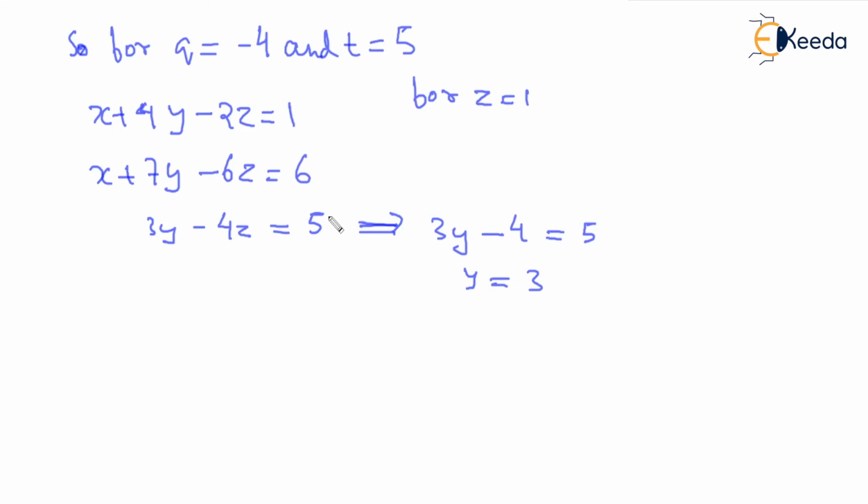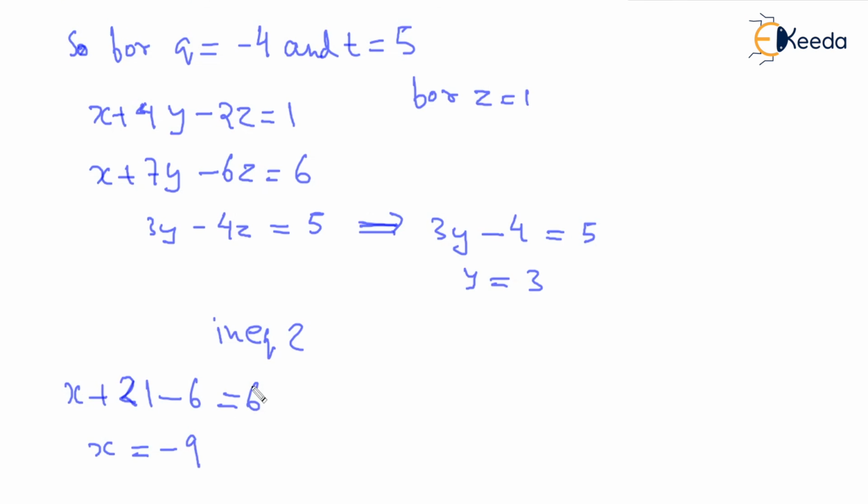And we can put this in some other equation. So in equation 2, let's say this is the first, second and third equation, we'll have x plus 7 times y, so y is 3, so that becomes plus 21, z equal to 1, so this becomes minus 6 equal to 6, so x will become minus 9.